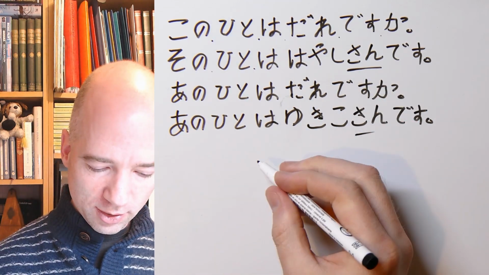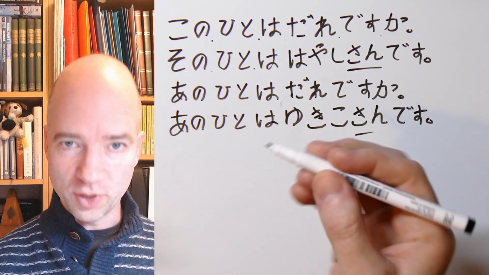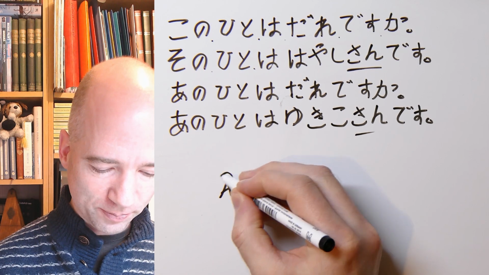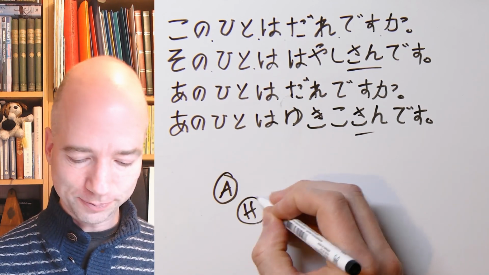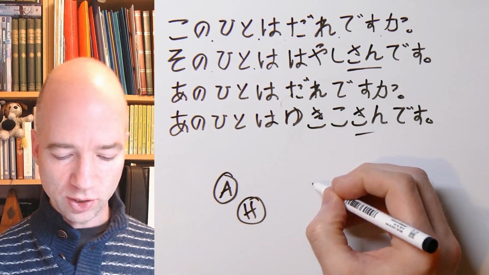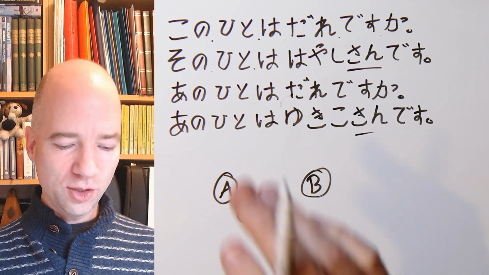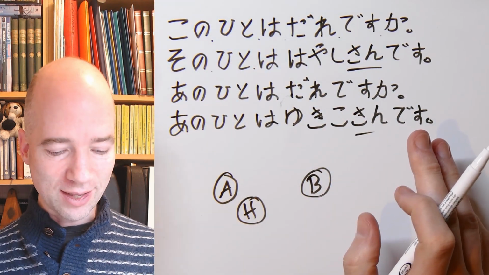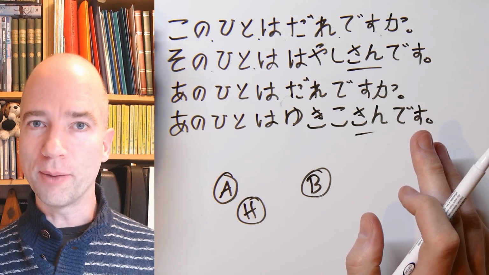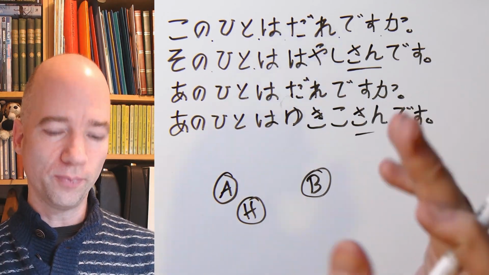So the way it works is you have the speaker of the first question, or of the questions. Let's call him A. And then you have Mr. Hayashi. He is here. And A is talking to B, who is over there. Okay, so when you use kono hito, or when you use kono, it means that what you are talking about is closer to you than it is to the person you're talking to.